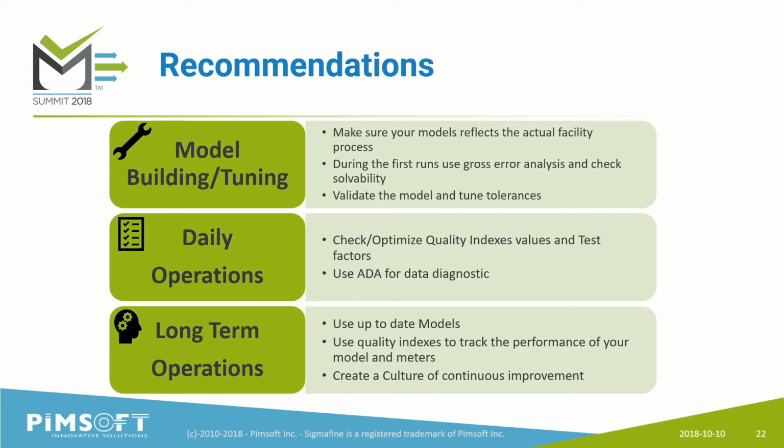To be sure that the model is done in a good way, in the first runs you have to validate it, make sure that all the measurements you need are there, and that you have no unsolvabilities, etc. You may need to run, for example, the gross error analysis at the beginning, which can help you understand if there are some unconnected meters or flows. And with time, with the first runs, you may also need to tune the tolerances of your meters.